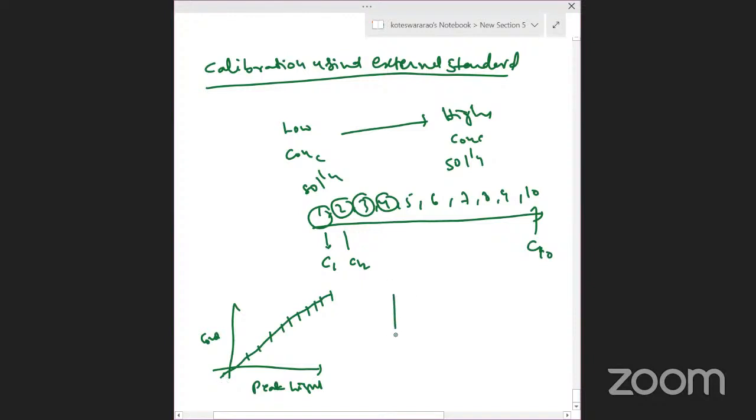Similarly, if you take peak area versus concentration, here also it gives the same kind of plot. We can get two kinds of graphs. Linearity is proved with the line passing through the origin in both cases.